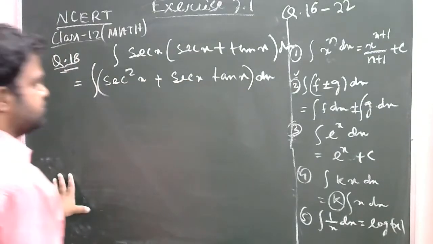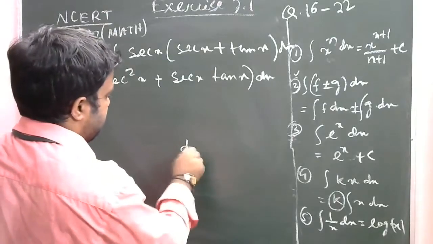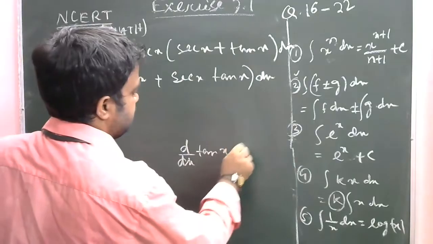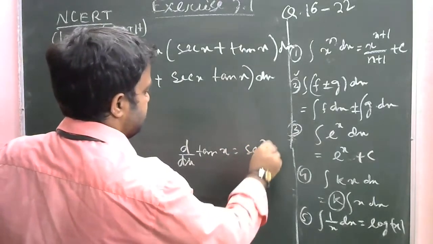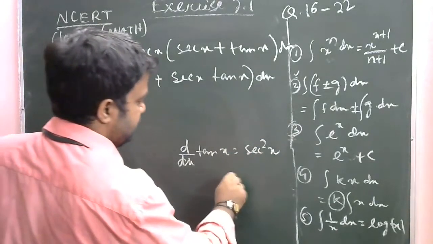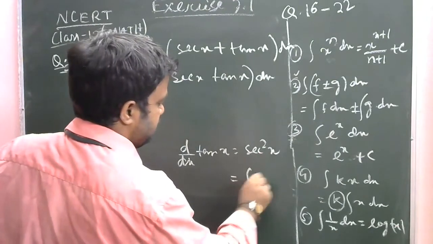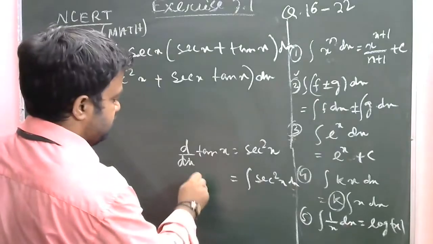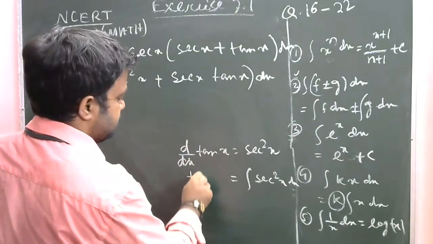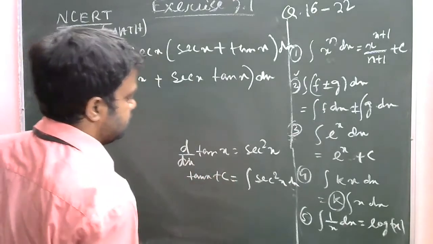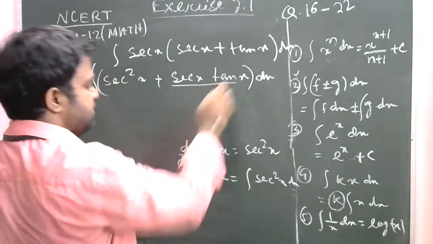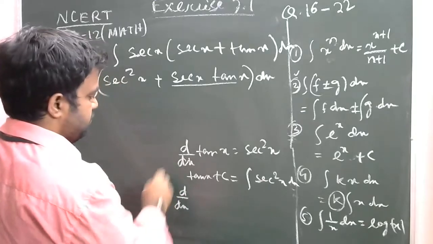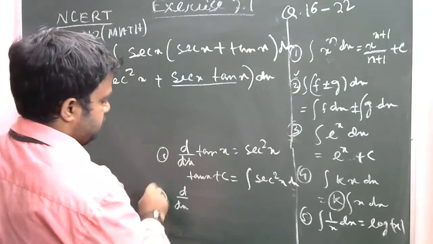What is the integration of sec square x dx? Now we know the derivative of tan x is sec square x. So the antiderivative or integration of sec square x dx will be tan x plus c. Similarly, what is sec x tan x?